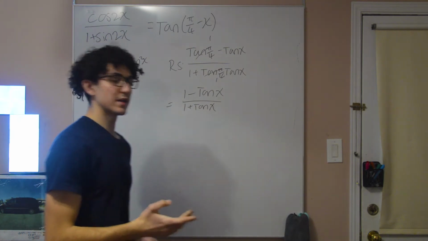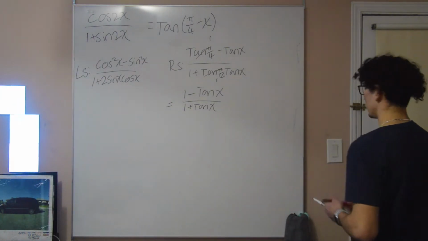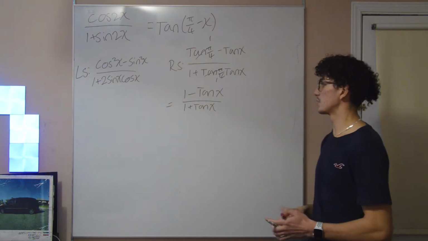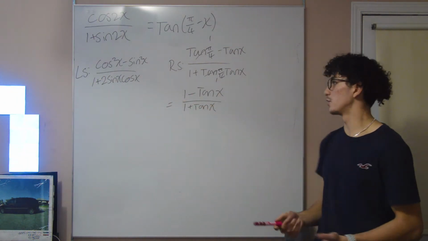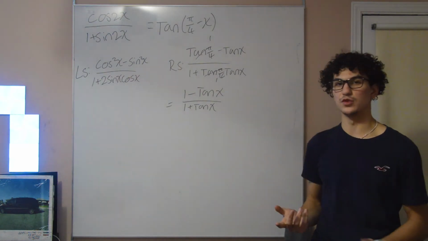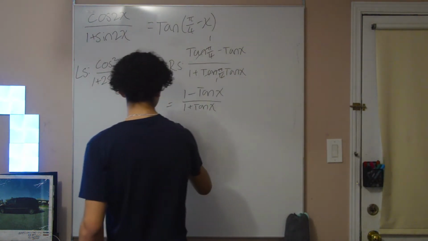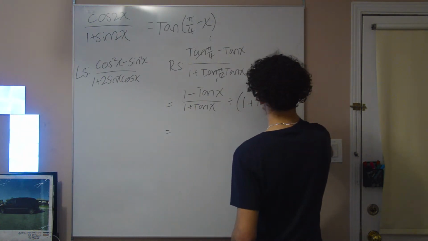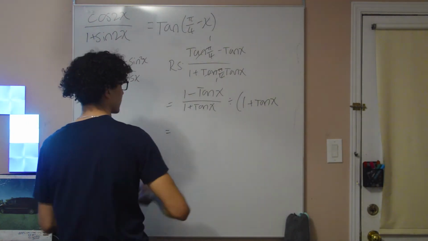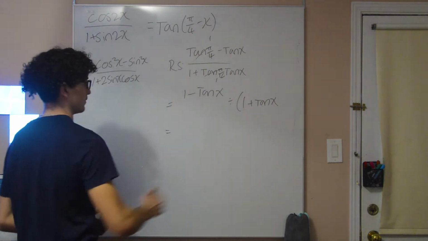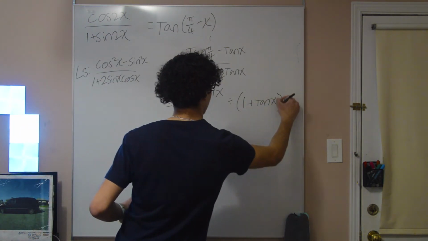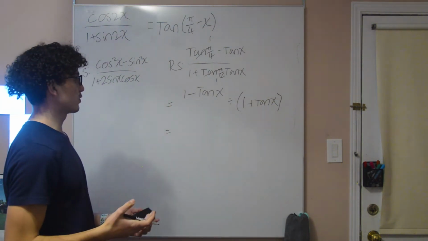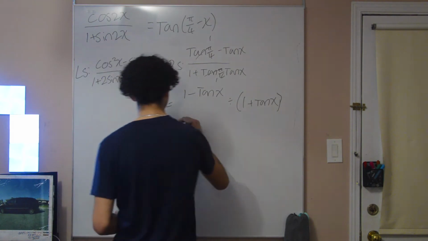Now, from here, we can do one of two things. That answer right there is given to us in cosines and sines, and we can actually just do that. So I'm actually going to rewrite it first. Just like that. And from here, we're just going to change our 1's into cos over cos and our tans into sine over cos.